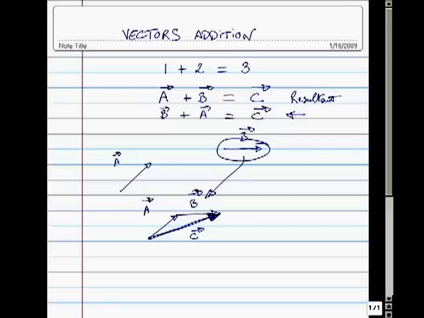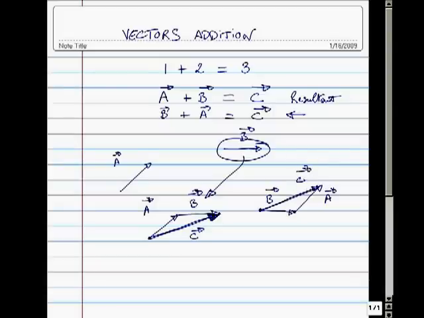Let's verify that this commutativity rule applies graphically. If you start with vector B and you want to add A to it, you start by plotting B and you're going to draw A such that A starts where B ends. And then vector C will be starting from where B started and ends where A ends.